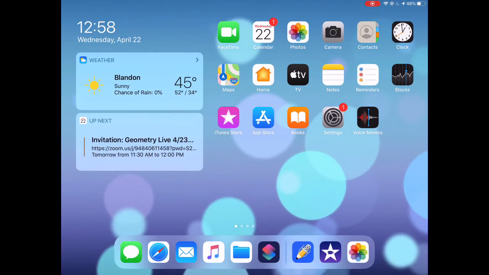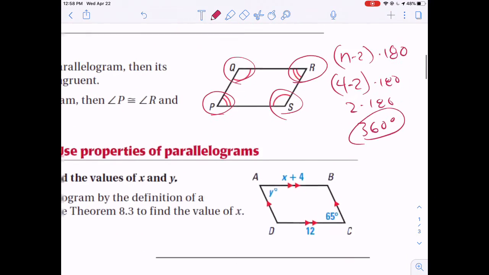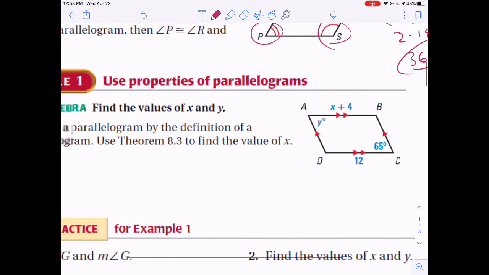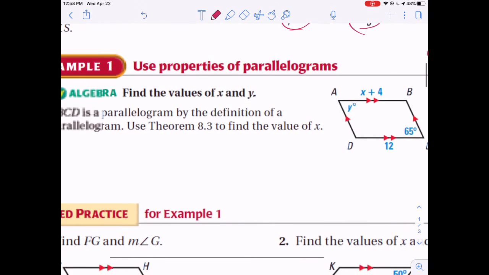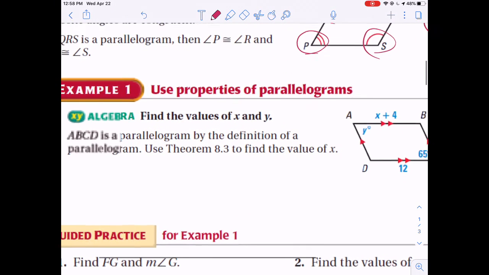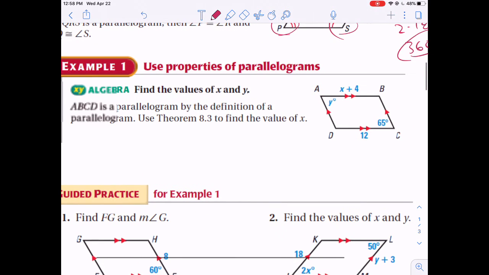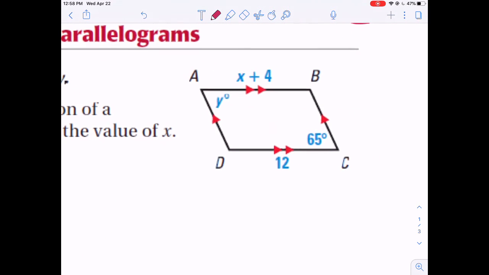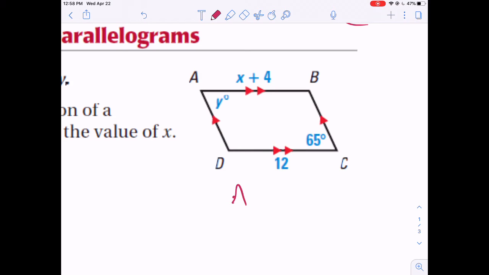So let's try a little math with these now. Got an example or two for you. Example 1, find values of x and y. ABCD is a parallelogram by definition of parallelogram. Use theorem 3 to find the value of x, and also find y. It doesn't ask for that, but we'll find it. Look at the picture. I see that side AB is going to equal DC. AB is x plus 4, and DC is 12.